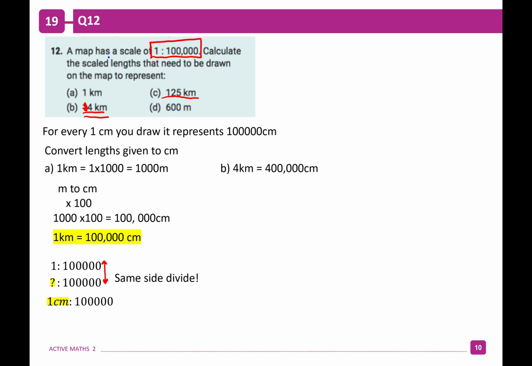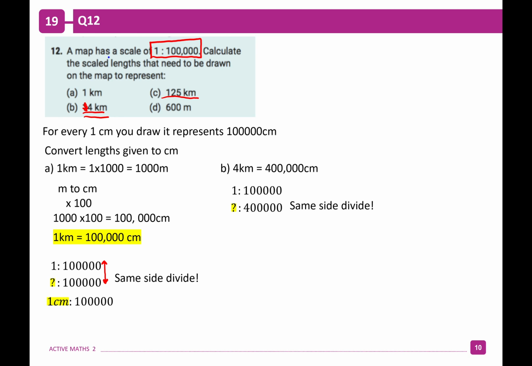Let's see what the scaled length needs to be. Step 1. Write down what your ratio is. 1 part is to 100,000. Then write down what you know. 400,000, and we need to find our scaled length.